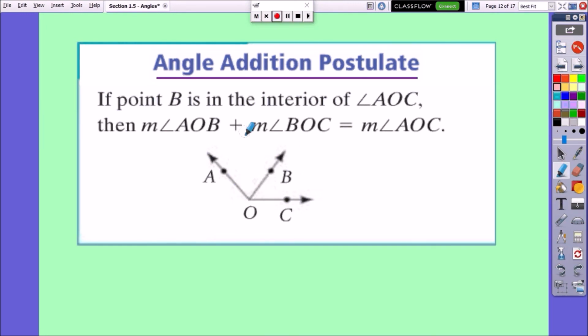So the angle addition postulate is saying we have angle AOB plus angle BOC, this other small angle. And what happens when you take a little angle and another little angle and add them together? You get this entire big angle. So segment addition, angle addition, same idea, just 2 different things. We're dealing with segments or we're dealing with angles.